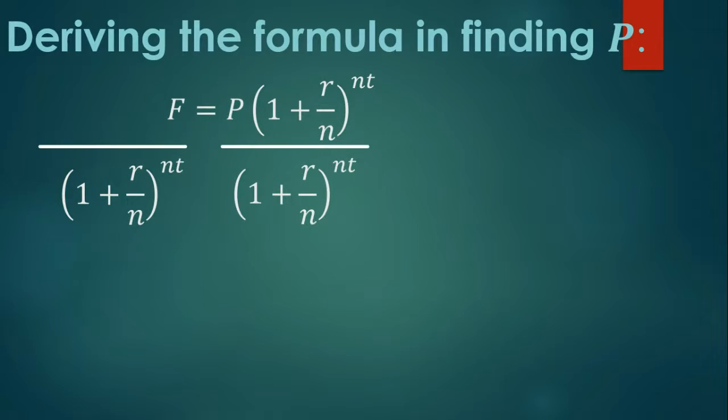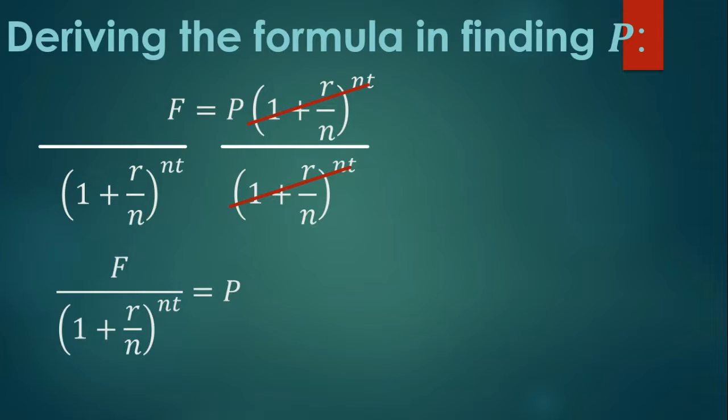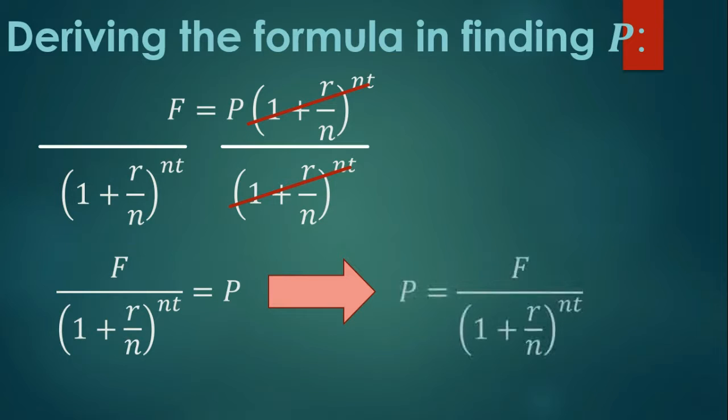So we divide both sides by 1 plus R all over N raised to NT para makancel yung statement na yon at ang maiwan ay si P doon sa right side. So automatically we can cancel out 1 plus R all over N raised to NT. So ang maiwan na dyan ay F all over 1 plus R all over N raised to NT is equal to P. Since equal silang dalawa, we can interchange their positions. We have P is equal to F all over 1 plus R all over N raised to NT. So definitely, this is the formula in finding the value of the principal or the present value P.